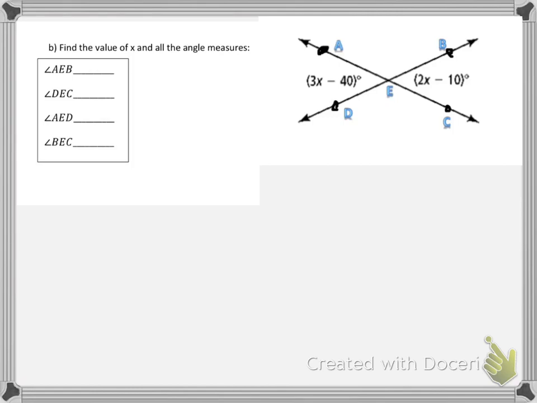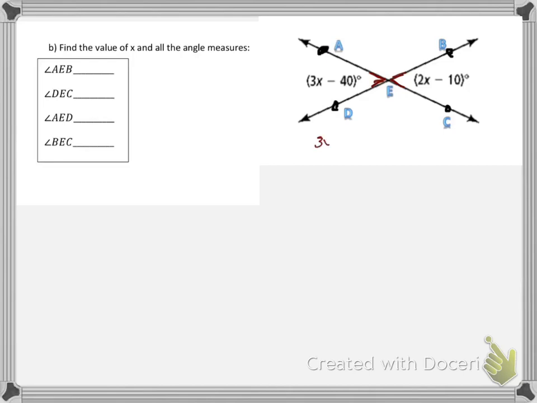On this one, find the value of x and all the angle measures. So we have these two lines, and here it's forming vertical angles, and vertical angles are congruent. So we have to put these two expressions equal to each other.